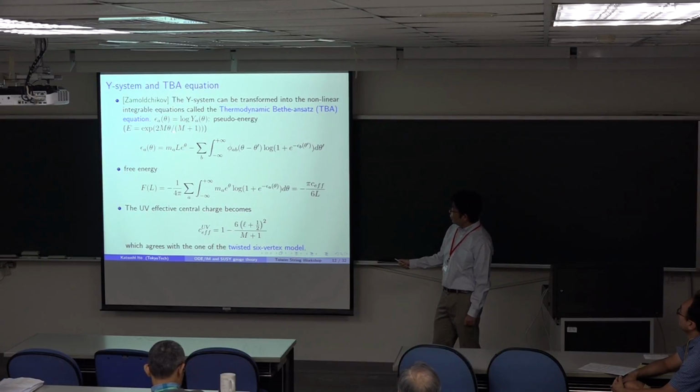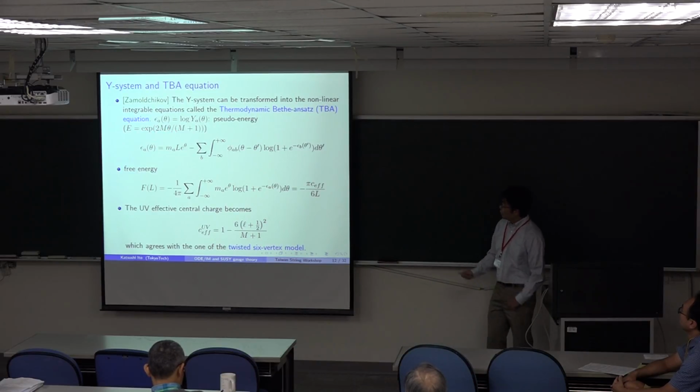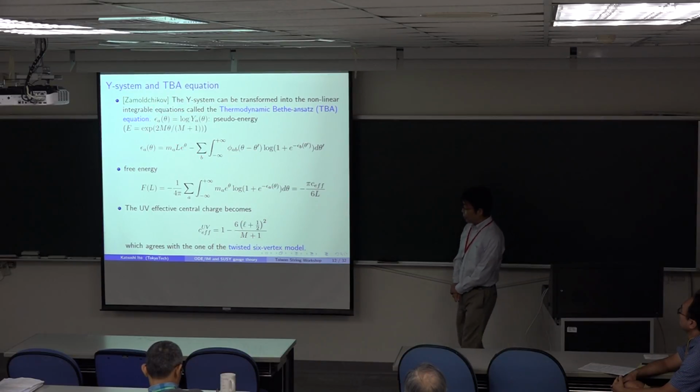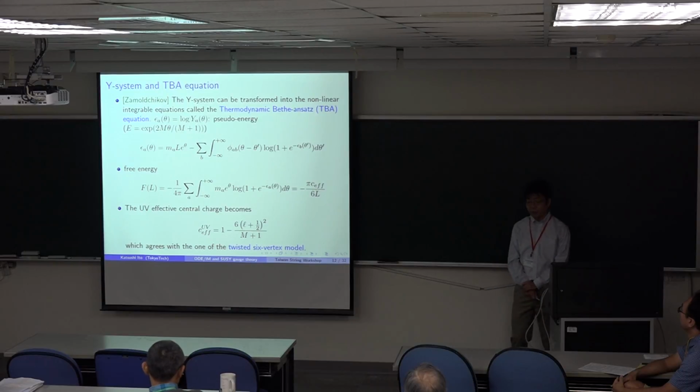So epsilon theta is defined from this energy. From the Y system, we can show that this pseudo energy obeys an integral equation. This can be solved numerically or analytically in some regions.